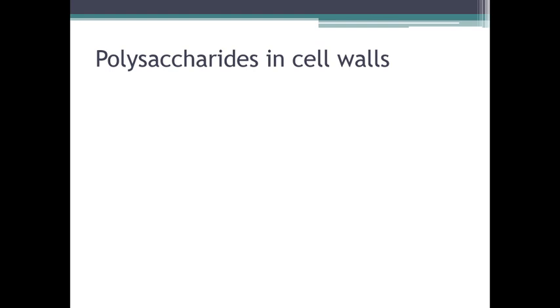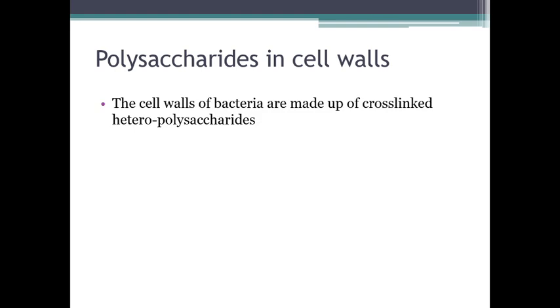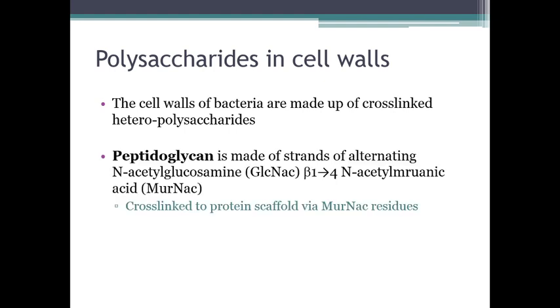Polysaccharides are also components of bacterial cell walls. The cell walls of bacteria are made up of cross-linked heteropolysaccharides. Peptidoglycan, as it is called, is made up of strands of alternating N-acetylglucosamine, which makes a glycosidic linkage, beta-1,4, with N-acetylmuramic acid.